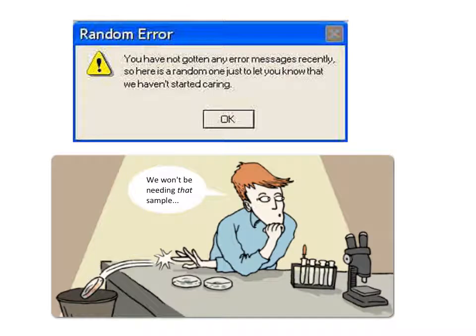So a random error is one which arises just by chance and can produce results which are different from the truth. To give a different example to the one that we have discussed in the previous slide, let's talk about a coin toss. Now we know that a perfectly balanced coin, if it is tossed an even number of times, should produce an equal number of heads as tails.